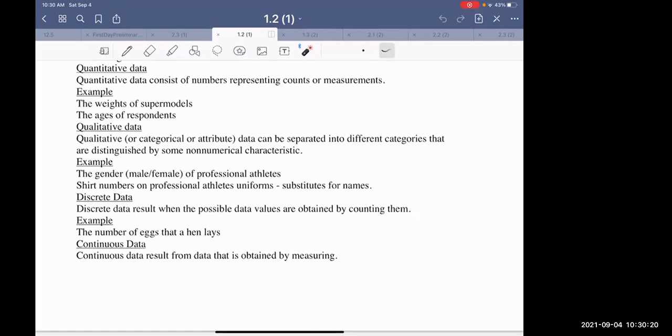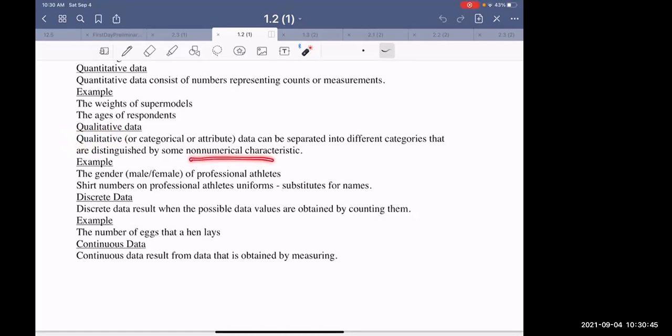And so shirt numbers are actually just names. And a name is qualitative. So this jersey number here is qualitative because it's really just the name of the player.